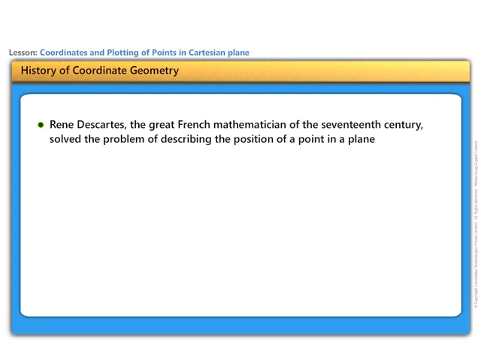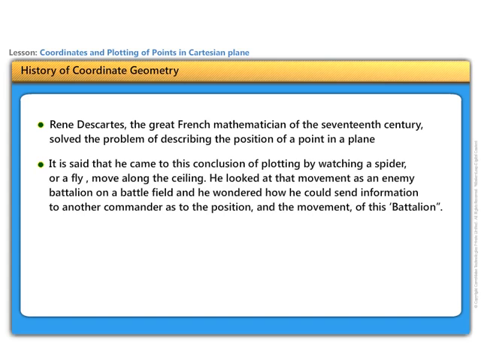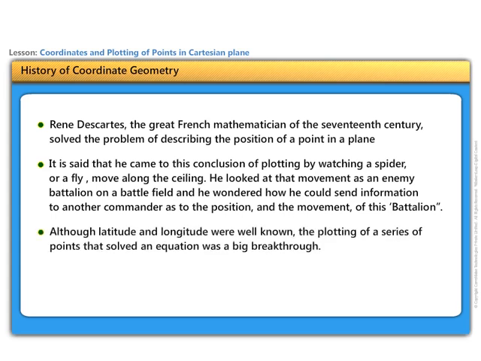René Descartes, the great French mathematician of the 17th century, solved the problem of describing the position of a point in a plane. It is said that he came to this conclusion of plotting by watching a spider or a fly move along the ceiling. He looked at that movement as an enemy battalion on a battlefield, and he wondered how he could send information to another commander as to the position and the movement of this battalion.